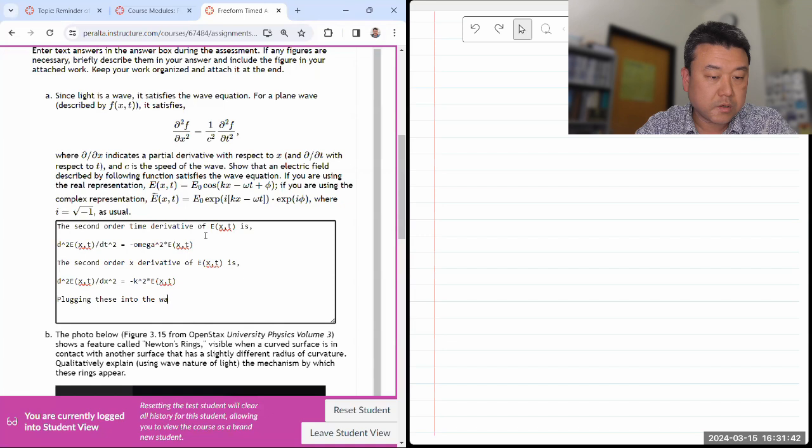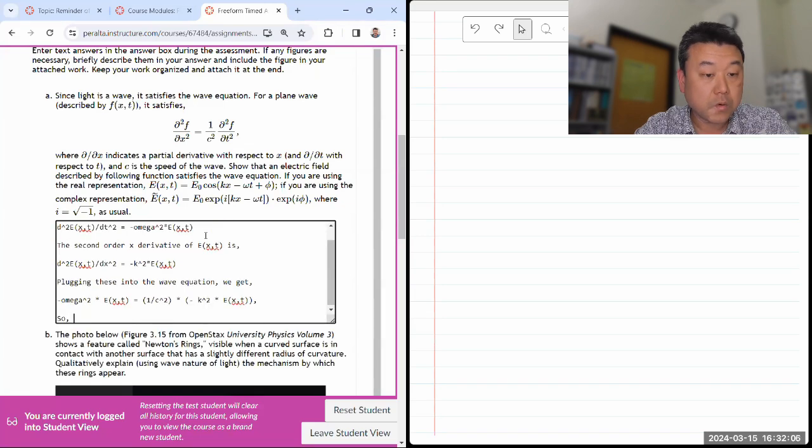Plugging these into the wave equation, we get minus omega squared times E(x,t) is equal to 1 over c squared times minus k squared times E(x,t). So as long as c is equal to k over omega, I think. No, I gotta do this.